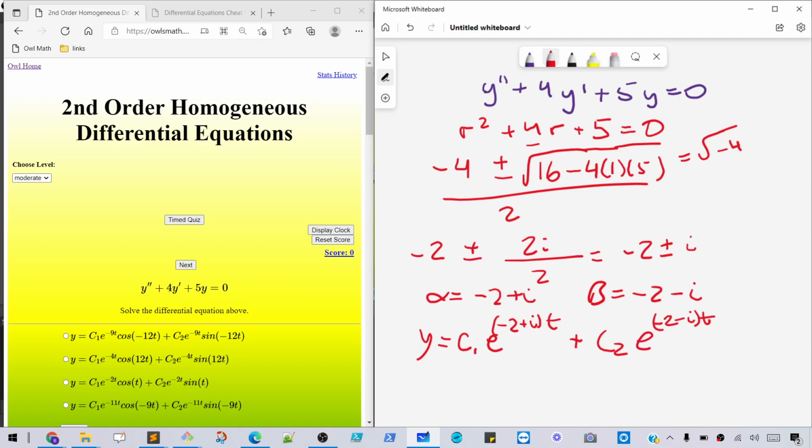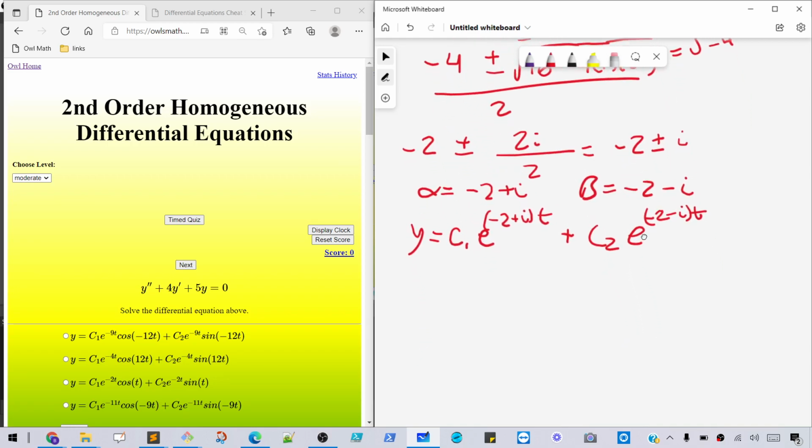Now technically, this isn't wrong right here. So this is true, but we generally don't express the answer this way. I don't know, if you're taking the class, if that would maybe be partial credit. I don't know. But let's look at how we can express this better.